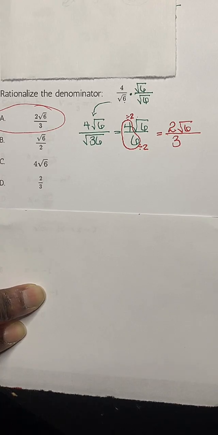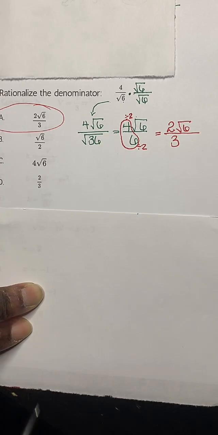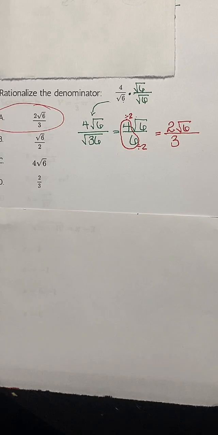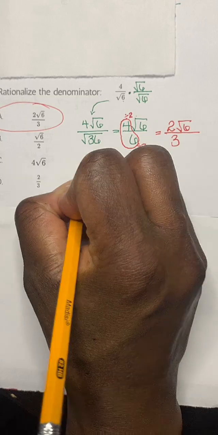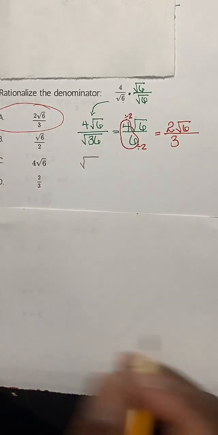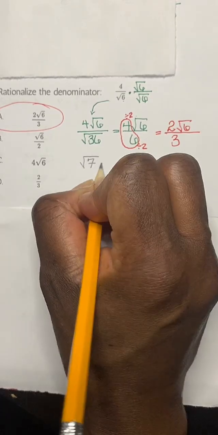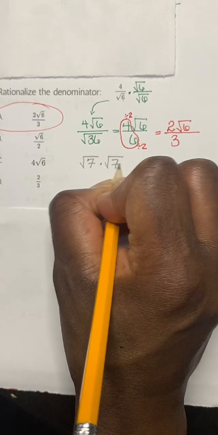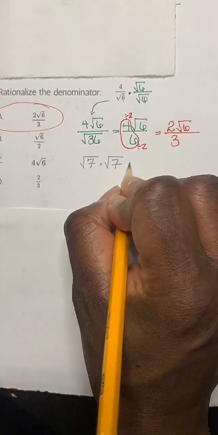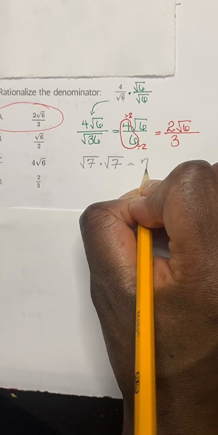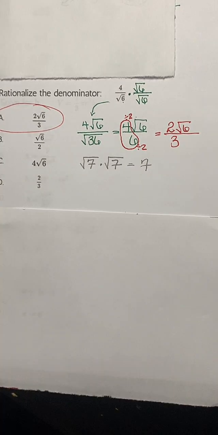So when all of this comes down to it, here's a little shortcut. Ready? I kind of like shortcuts. If I multiply 2 radicals that are exactly the same, notice you get the answer of just the radicand without the radical.